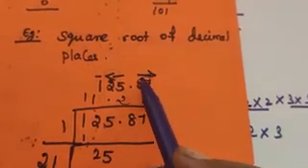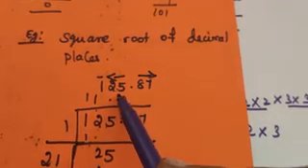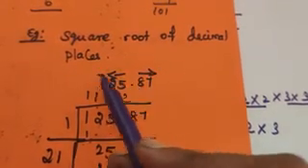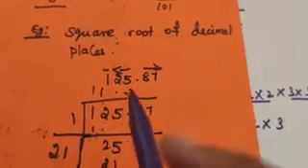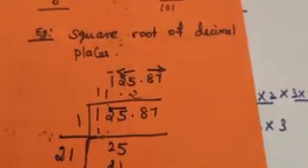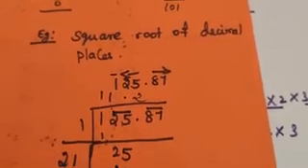That I have shown with the arrow mark. This way you have to make the pair. Here two numbers, like that you have to make it. For the whole part, you can make it from back to front. Right? 25 and then 1. Now 25 is one pair, and 87 is one pair, and 1 is alone here.